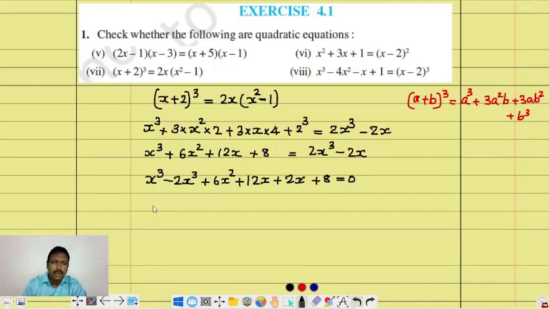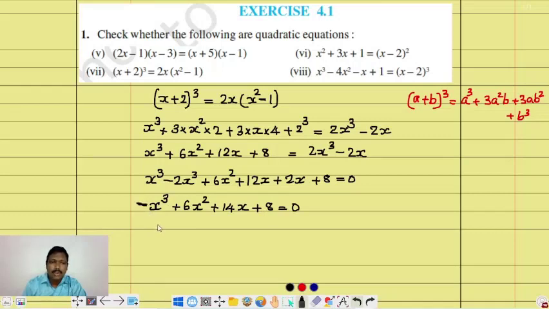Okay, so what is x cube minus 2x cube? It will be minus x cube, plus 6x square, plus 12x plus 2x is how much? Plus 14x, plus 8 is equal to 0. Okay, so see here, this is starting with minus x cube.